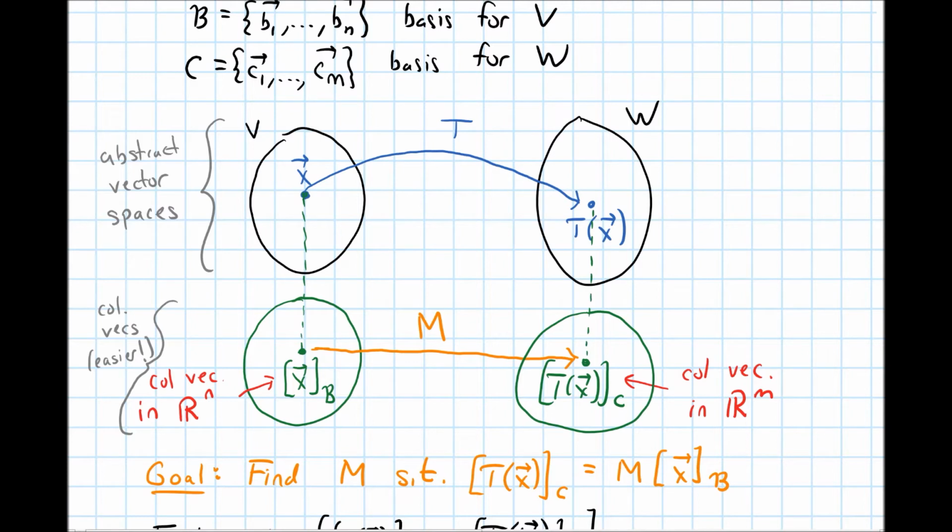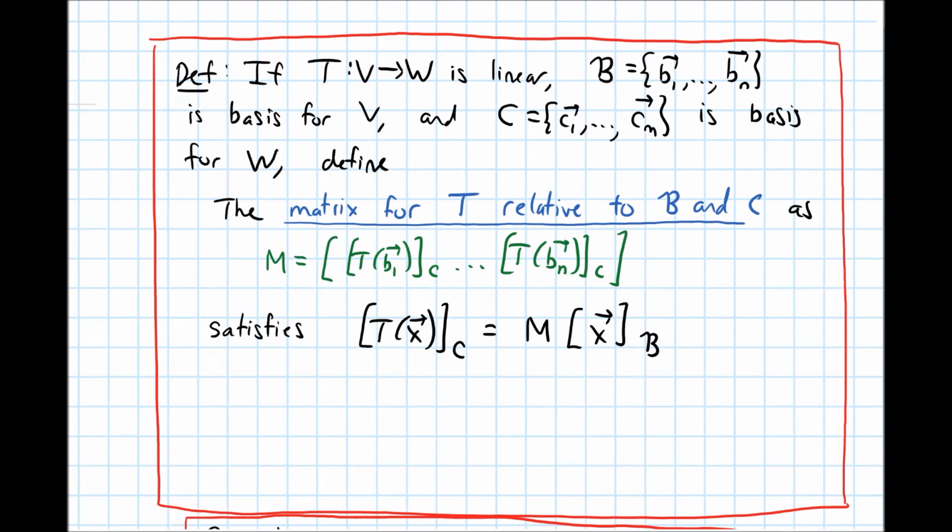Okay, so next, I want to state a definition in which I'll write down a formula for that matrix, the one that lets me go from one set of coordinate vectors to the other after we've applied T. So if T is a linear transformation from V to W, and just like before, we have a basis B for V and a basis C for W, we're going to call that matrix M the matrix for T relative to B and C. The formula looks really similar to the formula that we saw for change of basis.